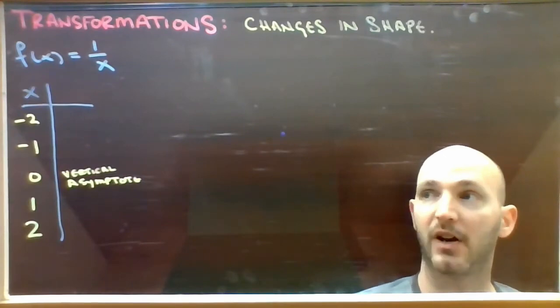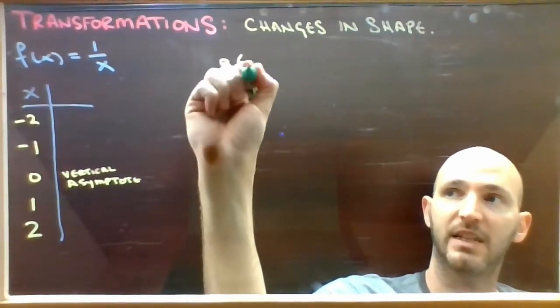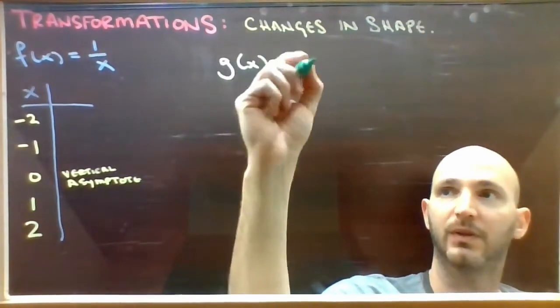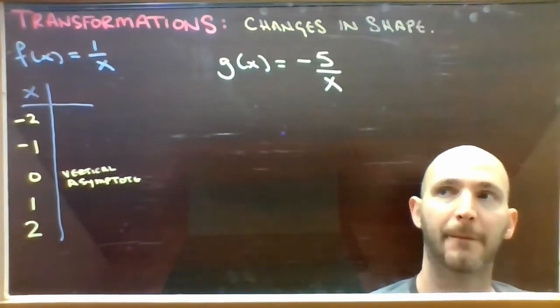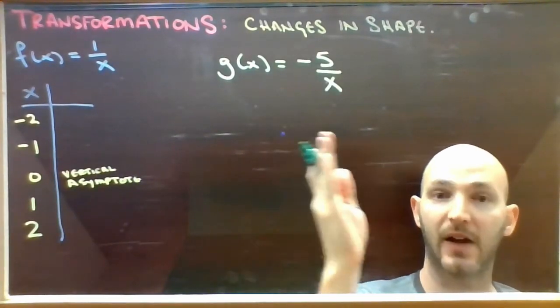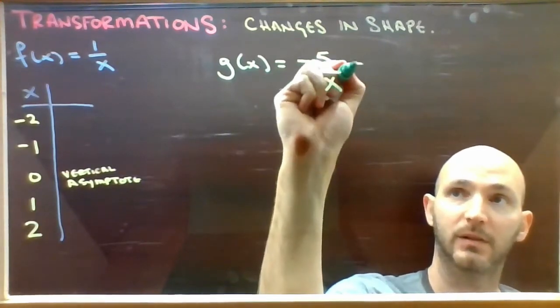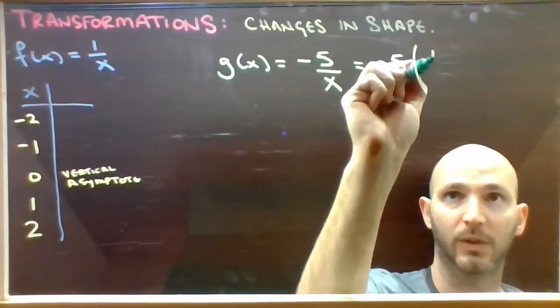And so the function I'm going to sketch then with my transformation is g of x equals -5 over x. Now that doesn't look like a normal a value, so I'm going to factor it out in front. So it would look like this.